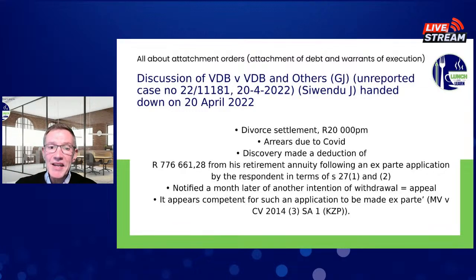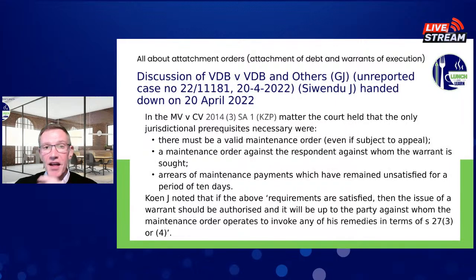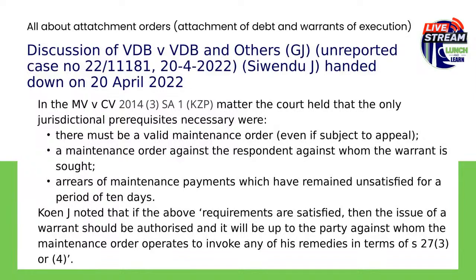So what transpired in this case, which was quite interesting, in the VDB case, the judge referred to MV versus CV, a 2014 case. And this case is also available under the resource section that you could download.